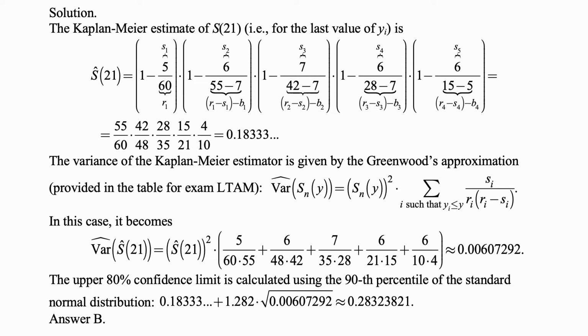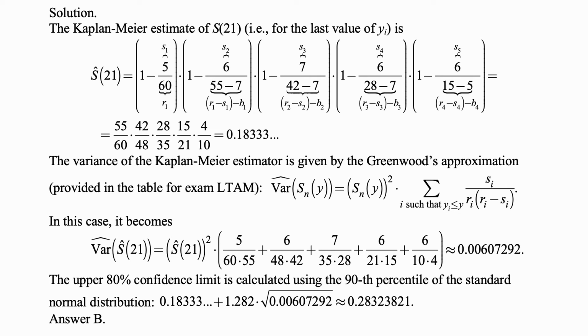So the Kaplan-Meier estimate of S of 21, the last value of yi, is a product of these expressions, which are basically the same, 1 minus S1 over R1 times 1 minus S2 over R1 minus S1 minus B1. It's the same from this point on until the end.